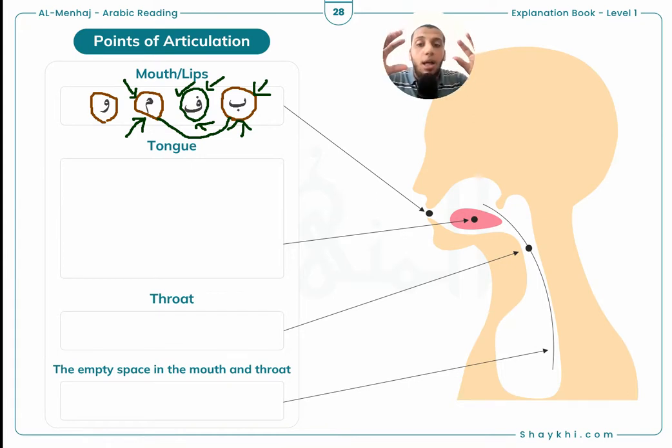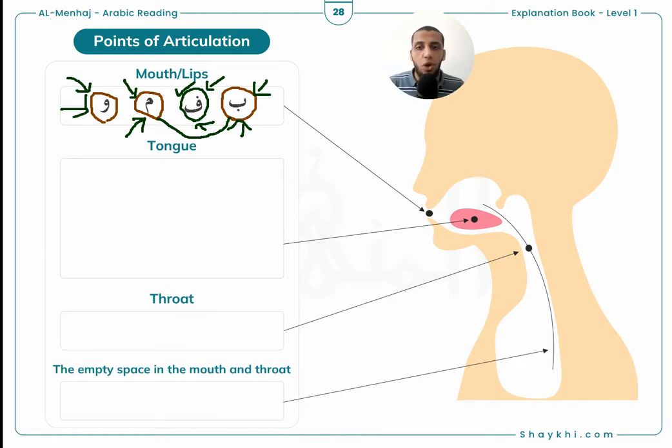The last letter from this point of articulation, the lips, is the letter waw. How do we pronounce the letter waw? The letter waw, my dear students, is pronounced by circling the two lips without meeting completely, like this. We say wa, wi, wu, ow.